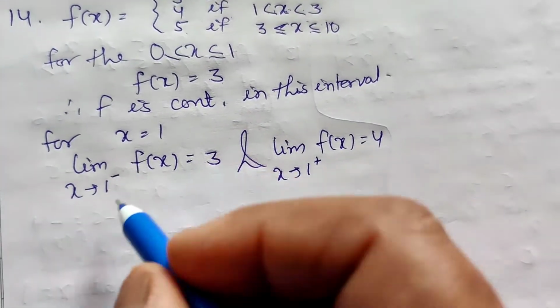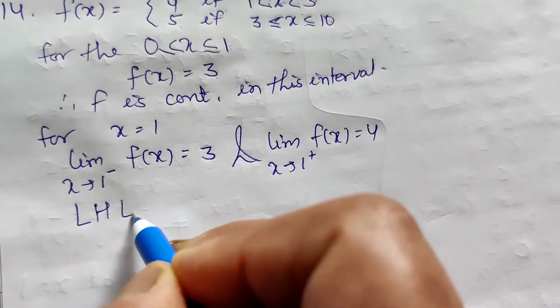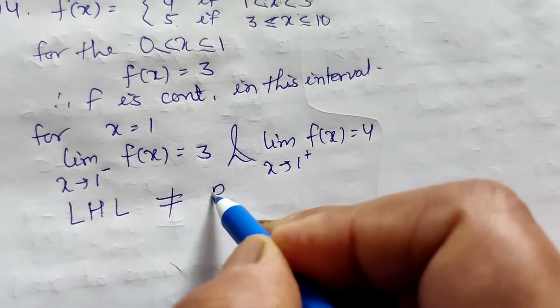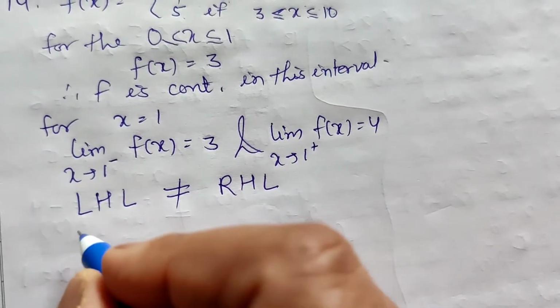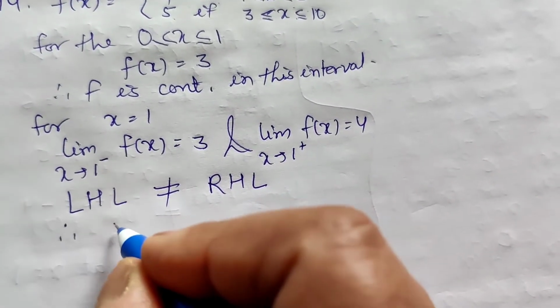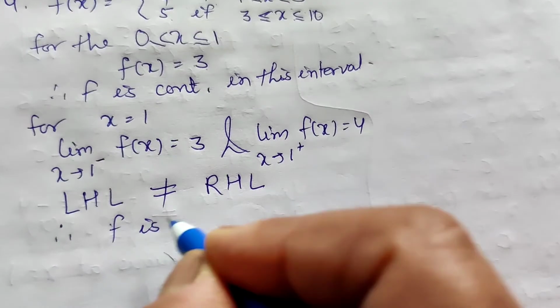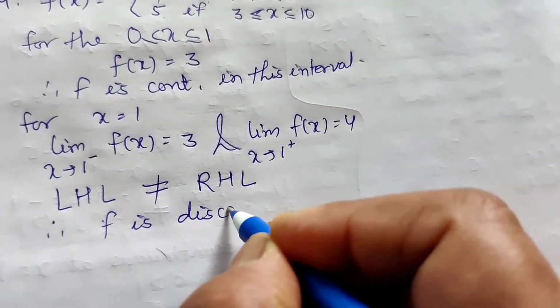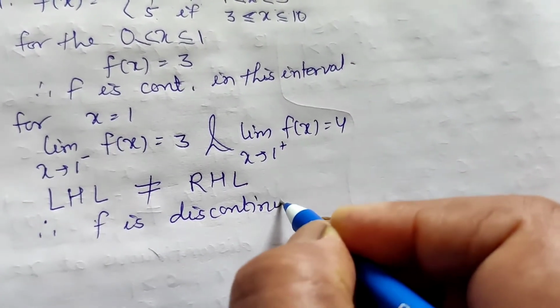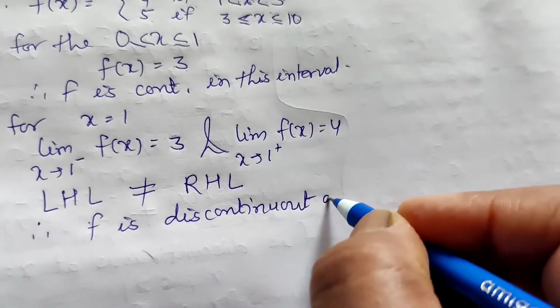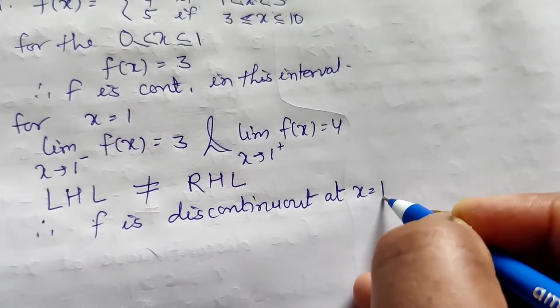Therefore, the left hand limit is not equal to the right hand limit. Therefore, the function is discontinuous at x equal to 1.